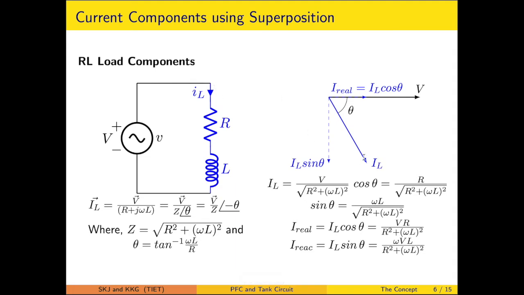Because of the series RL circuit, the current will be lagging, and that lag is decided by the impedance angle. So this can be resolved into two components, one real and another reactive. The real component is IL cosine theta. The reactive component of the load current is IL sin theta. These are all mathematical expressions that we have already studied.